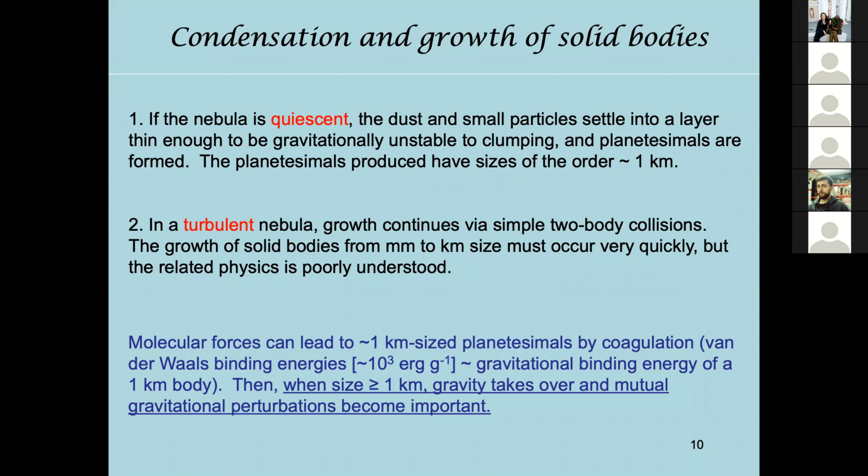So when the size is larger than 1 kilometer, gravity becomes more important, and you can have mutual gravitational perturbations and then grow gravitationally by attracting other bodies around, for example, around the orbit.